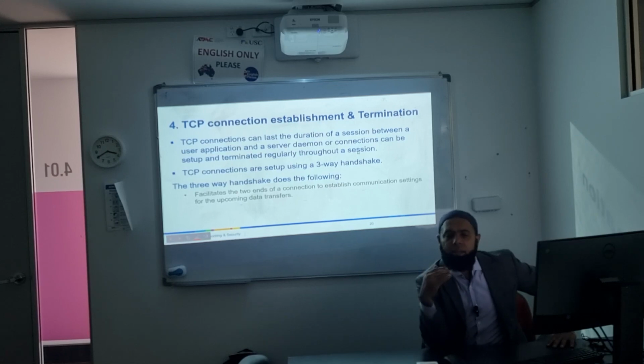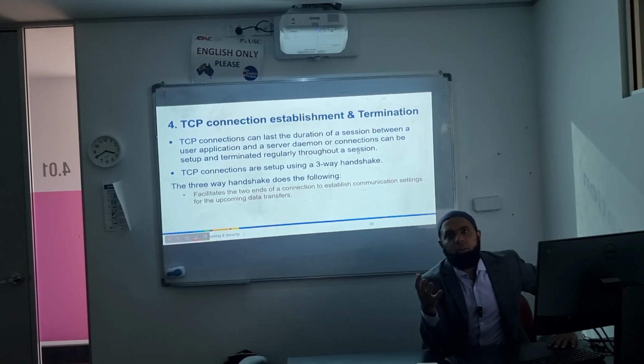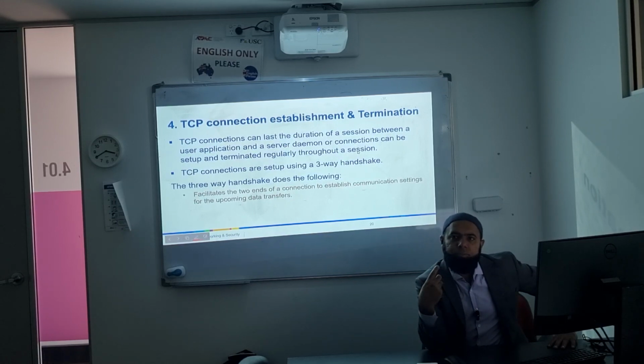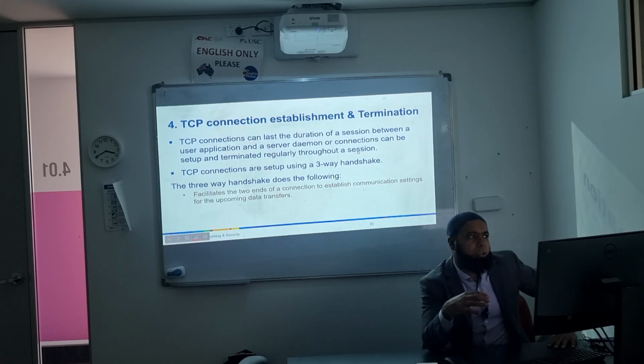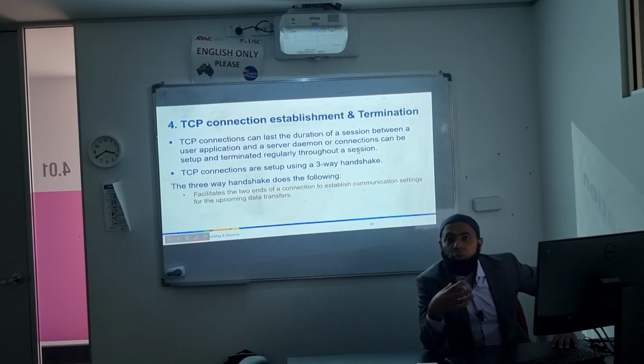The three-way handshake is like this: I will say, "Are you there?" You say, "Yes, I am there," and then I say, "Okay, I'll start communicating." So this is the three-way handshake. And in a similar way, once the data starts being sent from one point to another, when it is finished, you again need to ensure that the connection is closed.